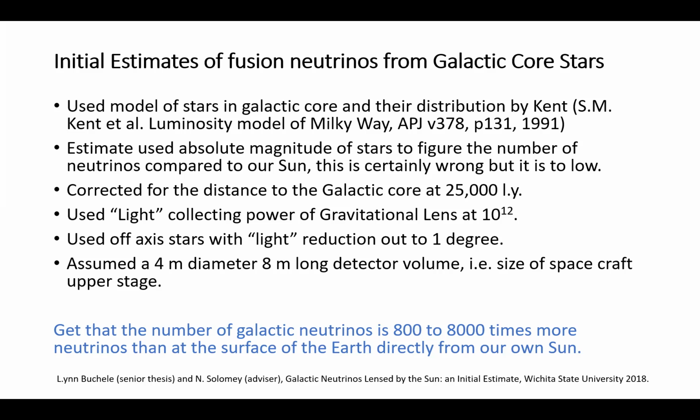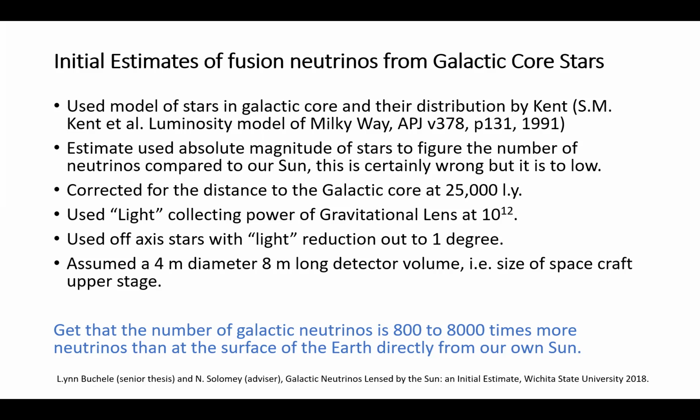We corrected for the distance to the galactic core at 25,000 light years. We used the light collecting power of the gravitational lens at only 10 to the 12, which is what it is for light. The neutrinos going through the limb of the sun increases this a couple orders of magnitude, but we didn't incorporate that because we wanted an estimate that couldn't be argued with too much.